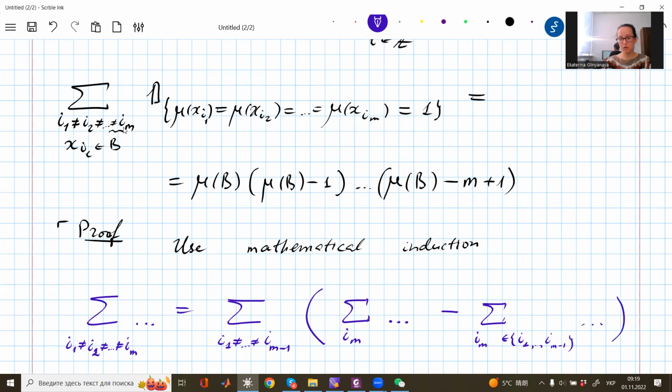So using this equality, you can easily get this result.